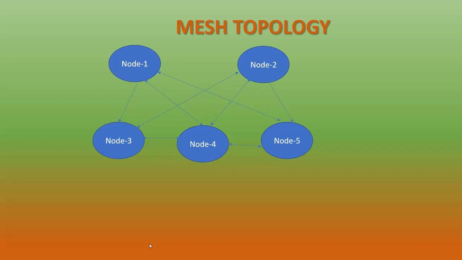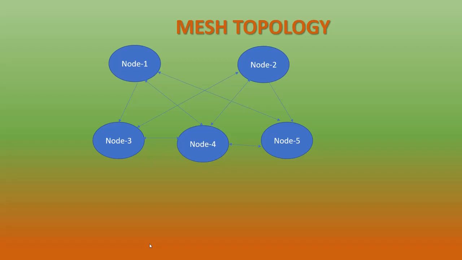If you want to add a new node to the network, you can directly add it wherever you want. It will not affect the performance of the other nodes or the network. Fault identification is easy. If node 5 is not working, it will not affect the entire network.